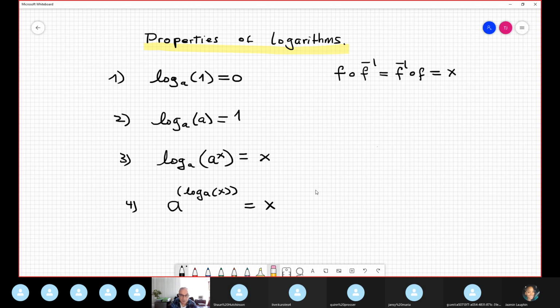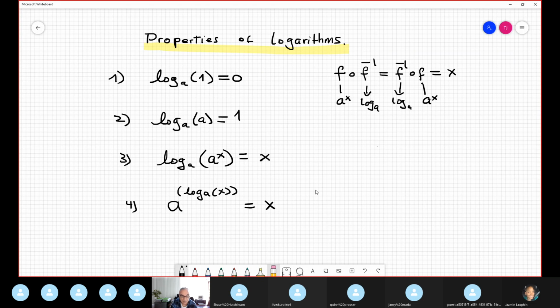It doesn't matter which you apply first. For example, in this case, exponential is first, then the composition with the logarithm. Exponential is first, and the inverse is logarithmic, right? In the other order, logarithm is first and exponential second.